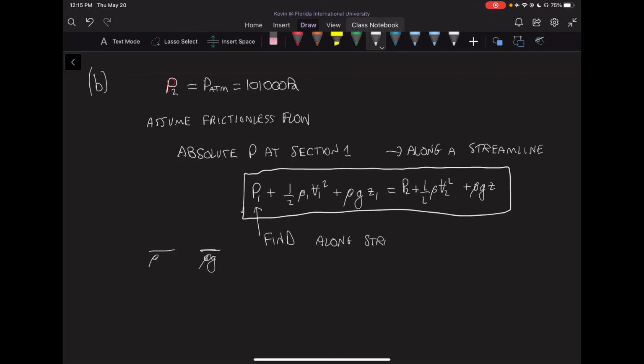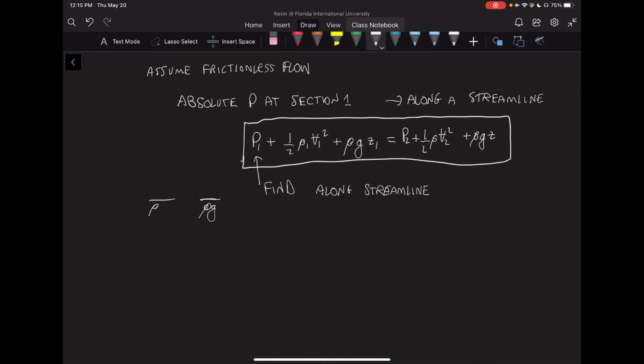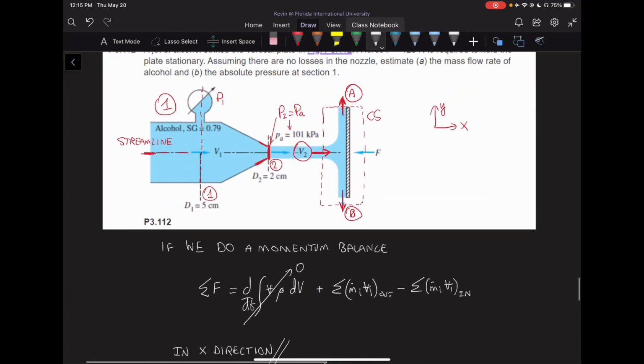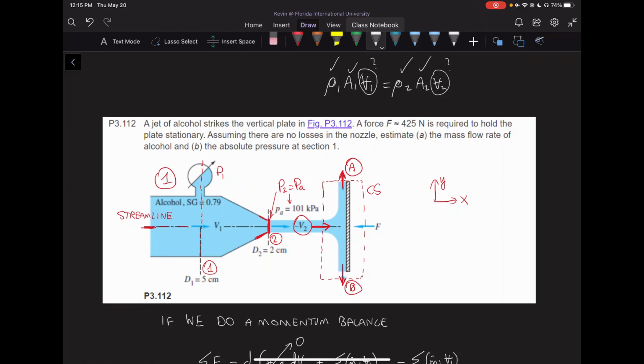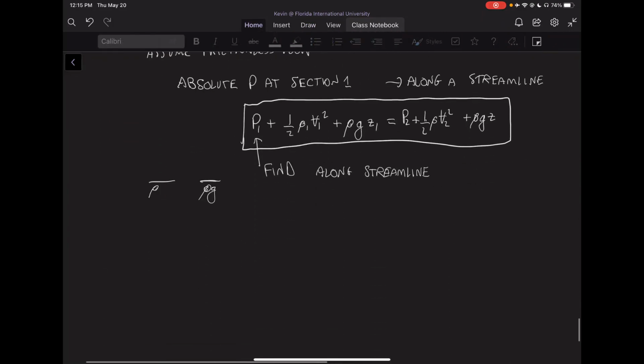And to find it along the streamline, we're just going to apply the equation and try and understand what's happening. So the first thing we're going to do is, how can we simplify this equation? Let me copy over this diagram again so we have a clear picture.